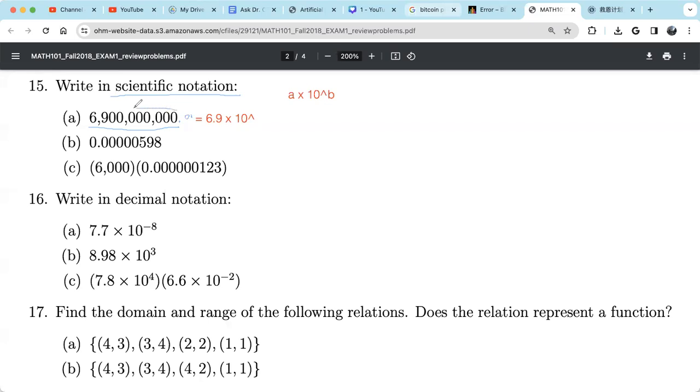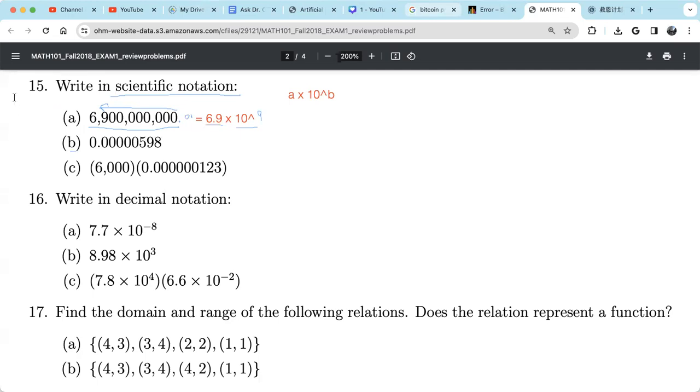So the decimal has been moved to the left 9 digits. So that means 10 raised by 9. So this number can be written as 6.9 times 10 raised by 9. And this is scientific notation. The first number is in between 1 and 10, and then multiply by 10 raised by a number. You see, this number is bigger than 1, so 10 raised by a positive exponent.